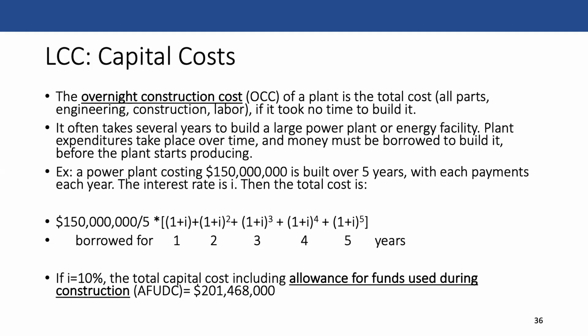And so at an interest rate of 10%, the total capital cost, what's called the allowance for funds used during construction, the AFUDC, is actually $200 million rather than $150 million. And so this is a function both of how long it takes to finance the project and what the interest rate is.